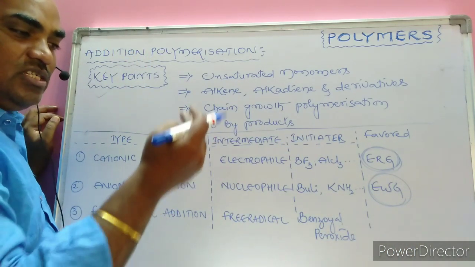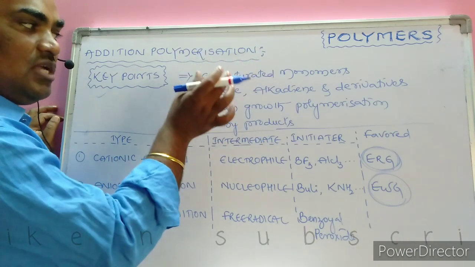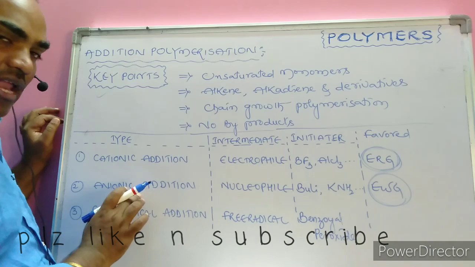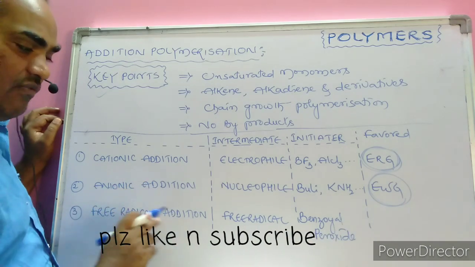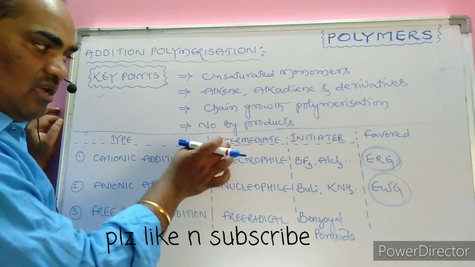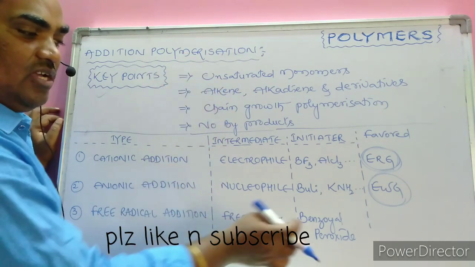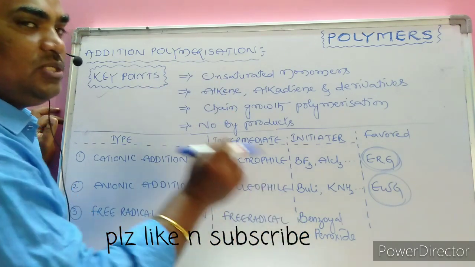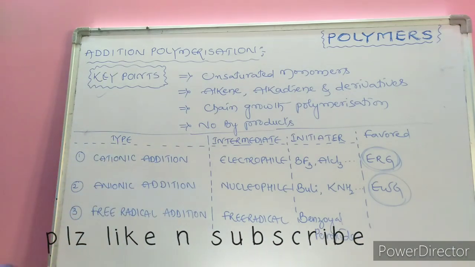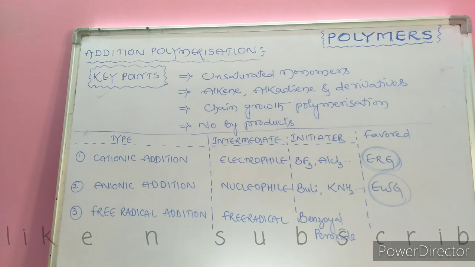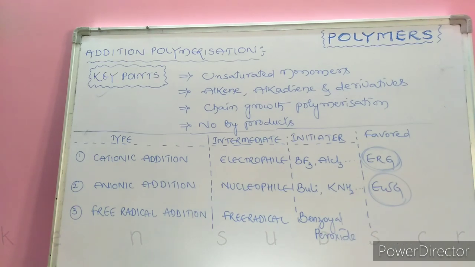The benzene ring attached to the unsaturated group withdraws electrons, so it proceeds via anionic addition polymerization. In free radical addition polymerization, the intermediate is a free radical, meaning homolytic bond cleavage, and the initiator is benzoyl peroxide. These are the important key points in the addition polymerization process.